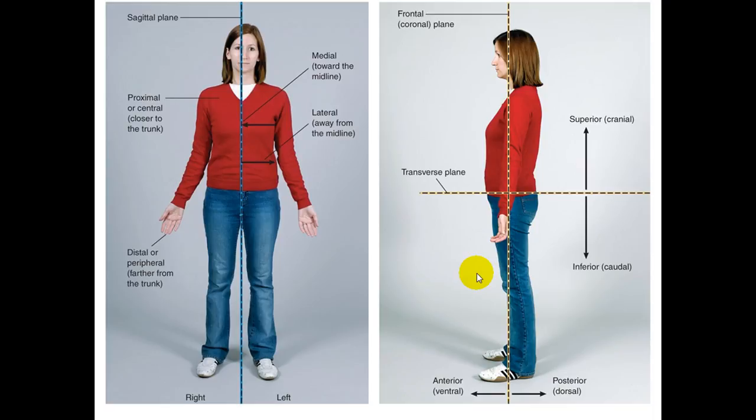The second diagram shows frontal, the coronal plane. The transverse plane divides the body in half with the short axis of the body. Superior refers to that which is above or higher up, where inferior is below. And then we have anterior, which also can be called ventral, and posterior, which is often called dorsal.